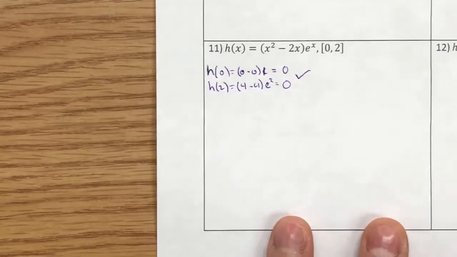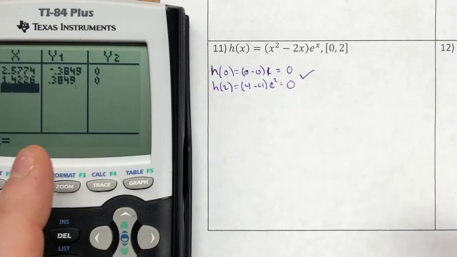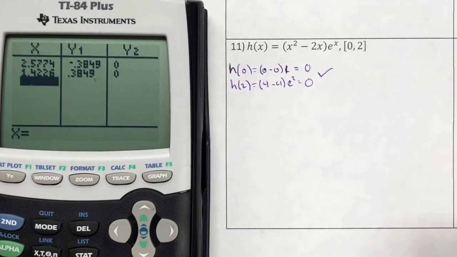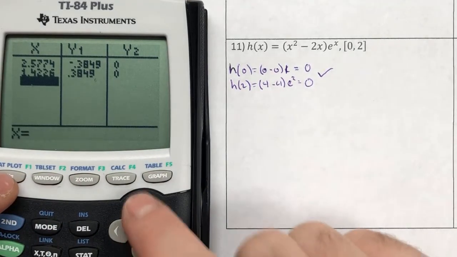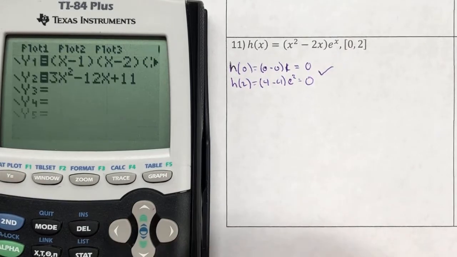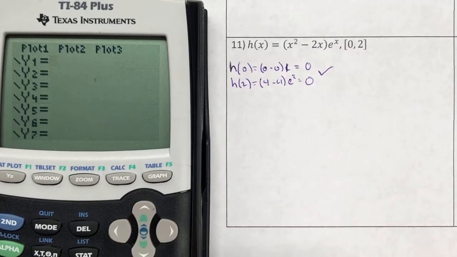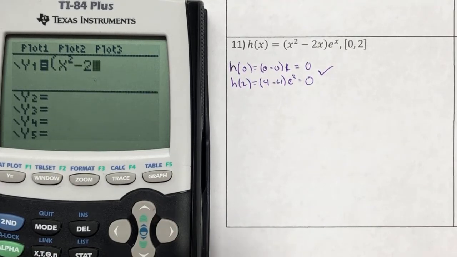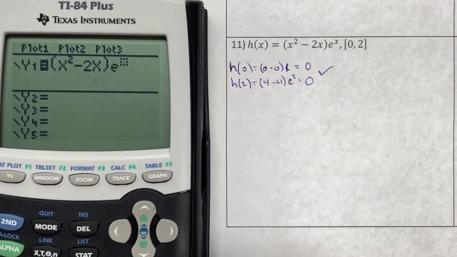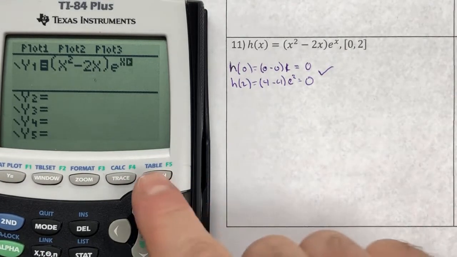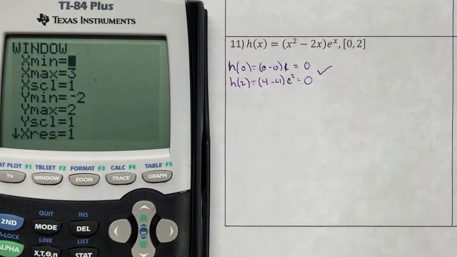If we want to double check our graph, make sure it looks continuous, let's go ahead and clear these out. We're going to get x squared minus 2x times e to the power of x, and we're going to take a look at that graph from 0 to 2.